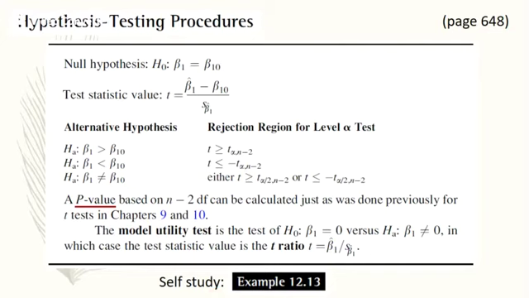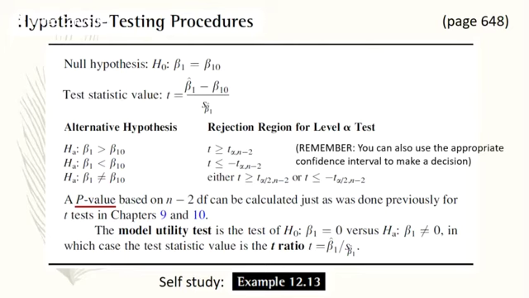So you will be expected to be able to do that. You'll also be expected to be able to make a conclusion using your confidence interval. You do it the exact same way as before. Remember, if your null value is in the confidence interval, then you will not reject. And if it's outside, then you will reject.